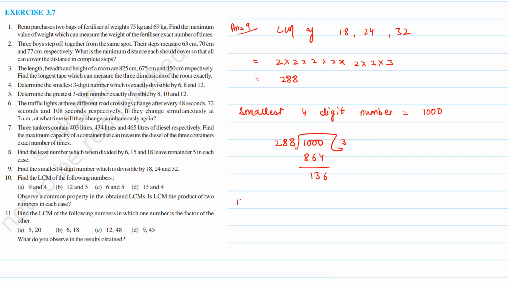So the required number will be, as I told you, whenever you are doing the smallest one, you will subtract remainder and then add LCM in it, which will be coming out to be the number 1152. Okay.